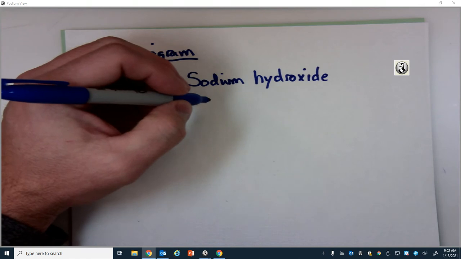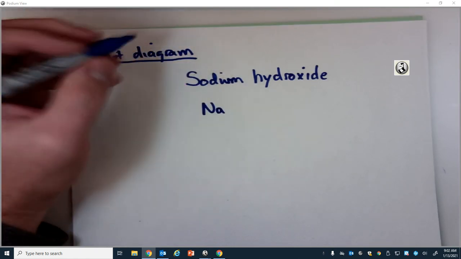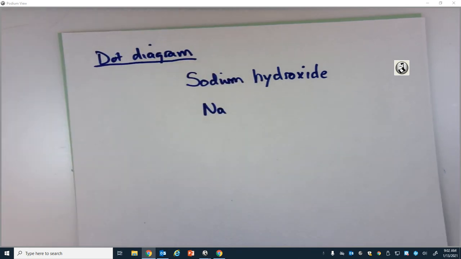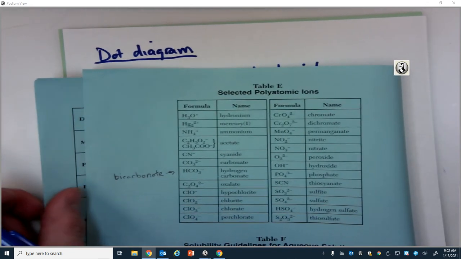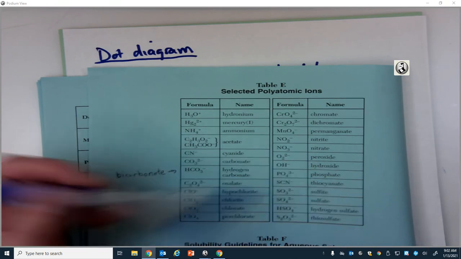Sodium, hopefully you know, is Na. Hydroxide you would look up on table E. For those who forget, table E is on page 2 of your reference tables. I have my reference tables just like you do. Hydroxide is OH with a -1.